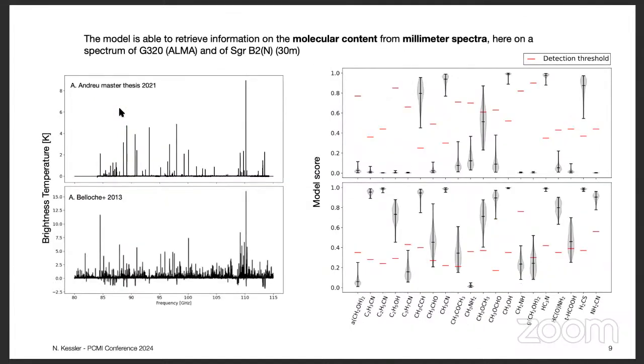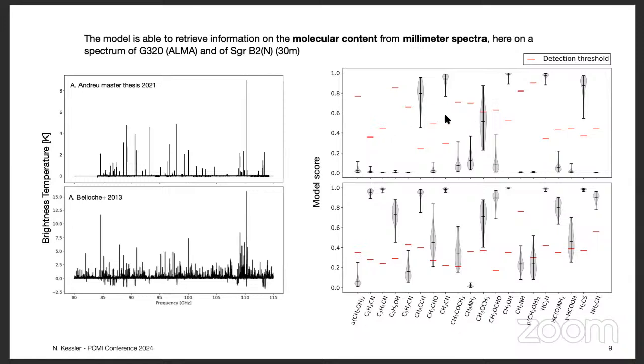Now I will present some tests we made on millimeter spectra. Here we have two examples. The first one is the spectrum of the protostar G320 observed with ALMA. The second one is the spectrum of Sagittarius B2, the richest region we know so far, observed with the 30-meter. On the right, we have, again, the model score obtained through Monte Carlo dropout and the detection threshold.